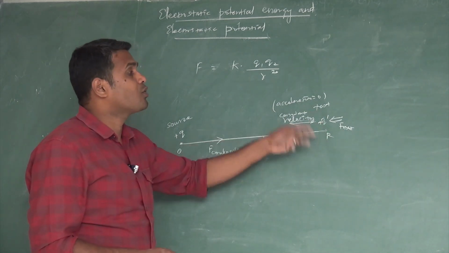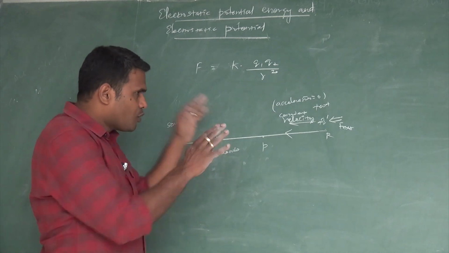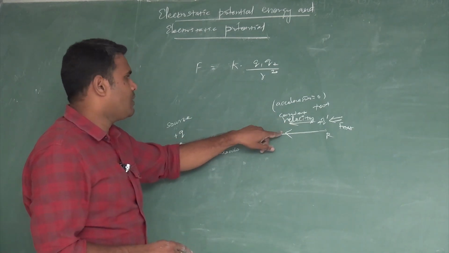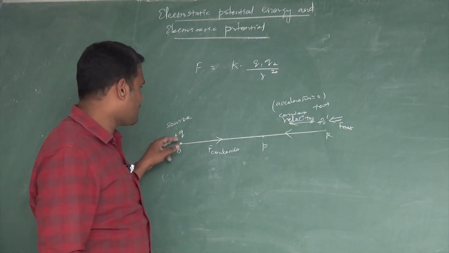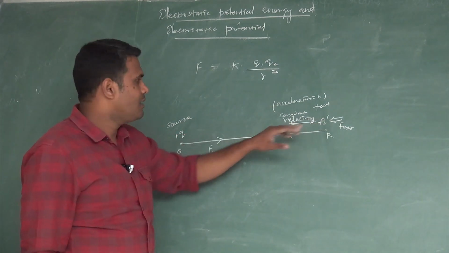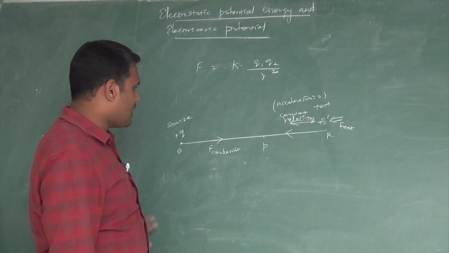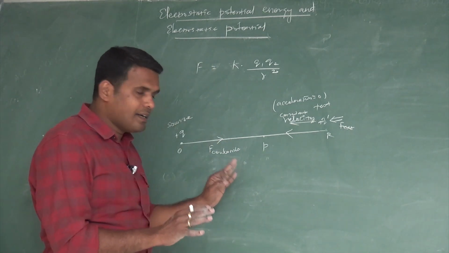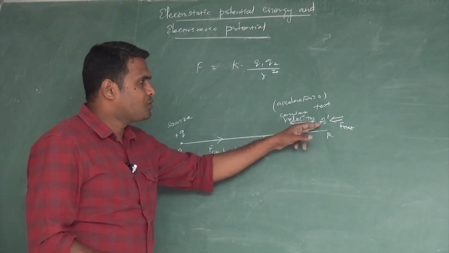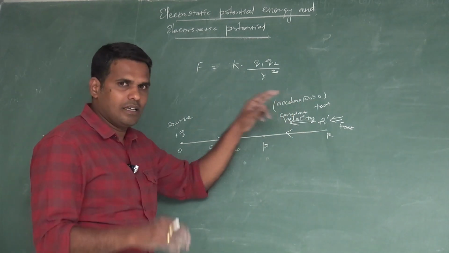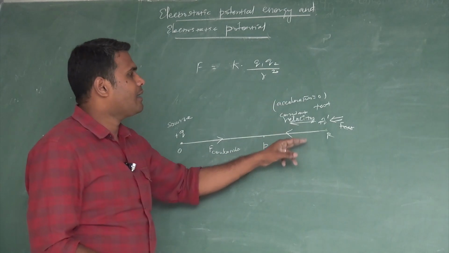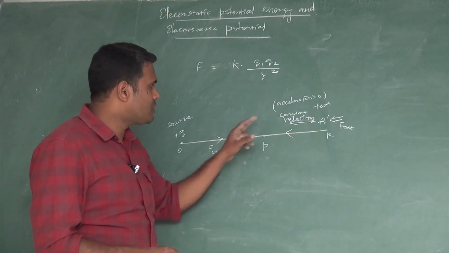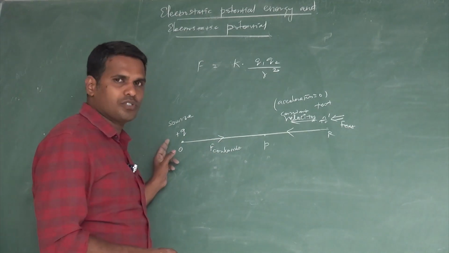If the field due to q prime also exists, the total field at any particular point will differ because of the presence of the source charge as well as the test charge. So the field around the source charge must be left undisturbed. In order to maintain it undisturbed, this plus q charge should not be accelerated. If it is accelerated, then definitely it will produce an electric field which will disturb the field produced by the source charge.